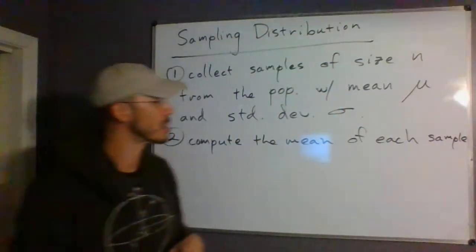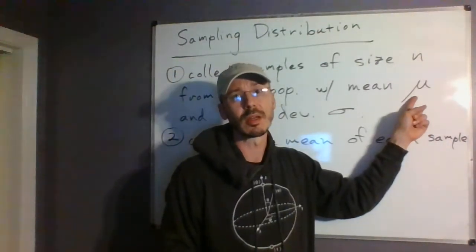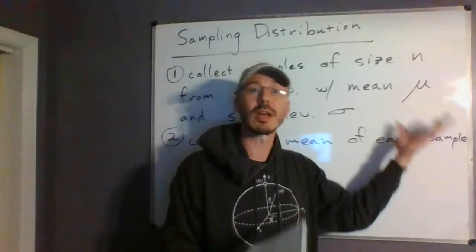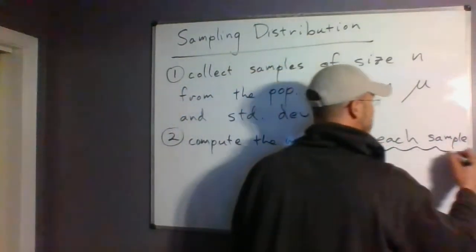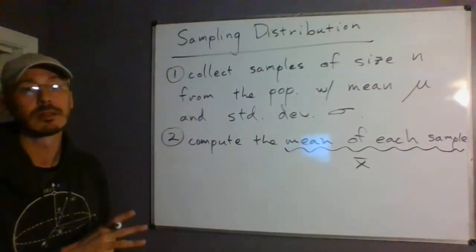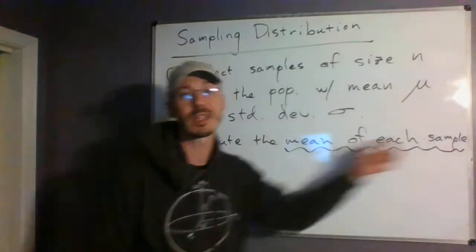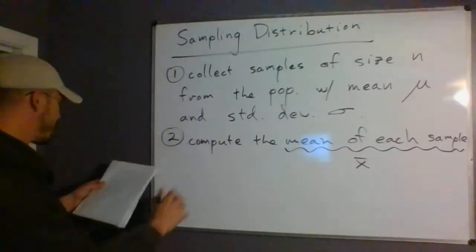If we pick a random sample, it's probably not going to have exactly the same mean as the whole population. It's going to have its own sample mean, the mean of each sample. That's what we call X bar. It only comes from the data in the sample, not from the whole thing. So we compute a mean for each sample.